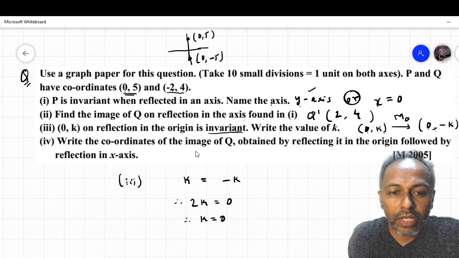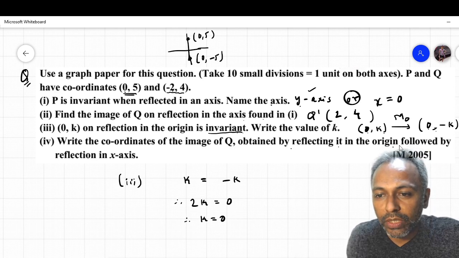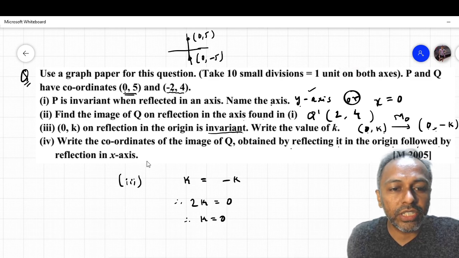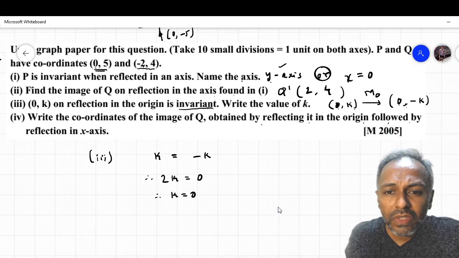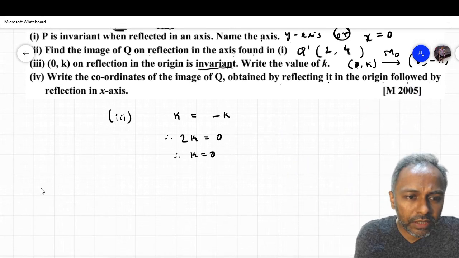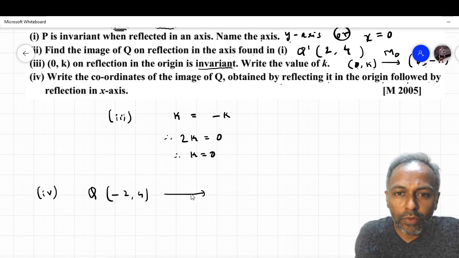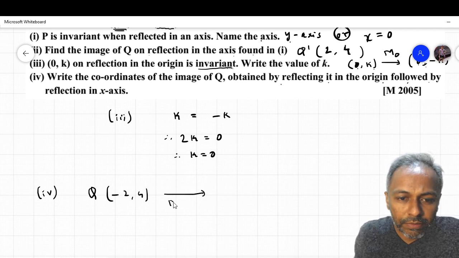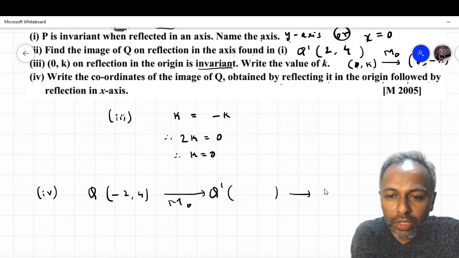Lastly, write the coordinates of the image of Q obtained by reflecting it in the origin followed by the reflection in the x-axis. Let us complete this one. So Q is going to be firstly written, its coordinate we know is (-2, 4). Then you are going to reflect it about the origin, say we write it as Q dash, and then we are going to reflect it about the x-axis.